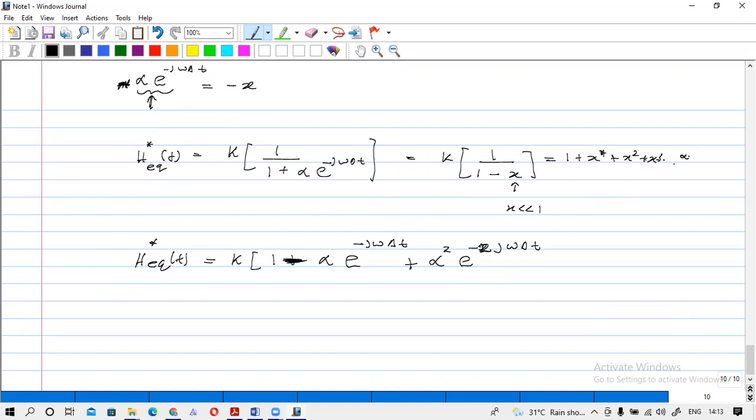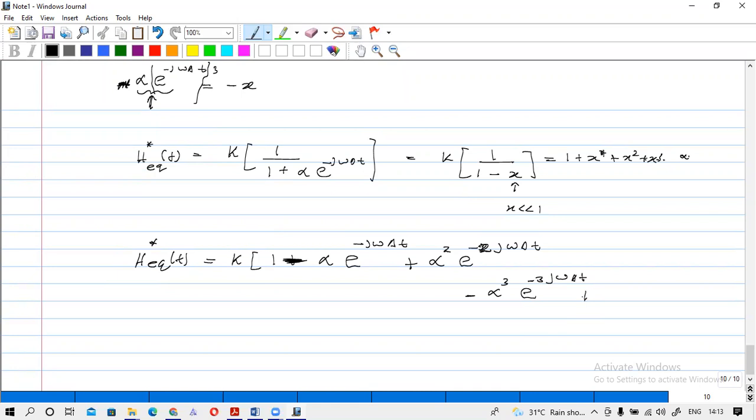And for x to the power 3, I have minus alpha cube e to the power minus 3j omega delta t.